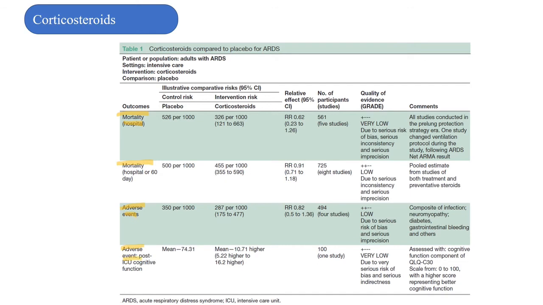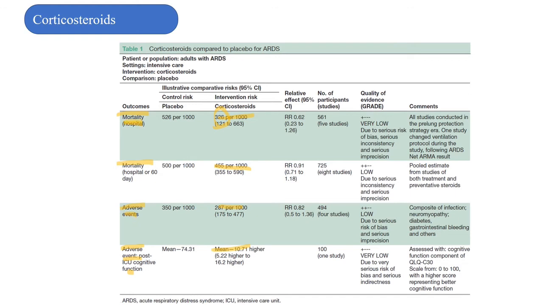These are the outcomes, and these are the two groups, the control placebo group and the intervention group that used corticosteroids, cumulative in the studies. Those 326 patients are not in one study, they are in different studies that are in this meta-analysis.